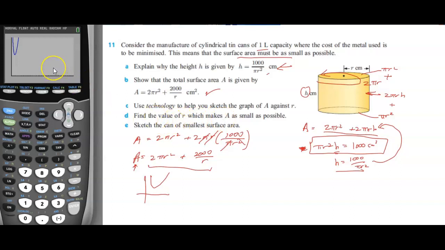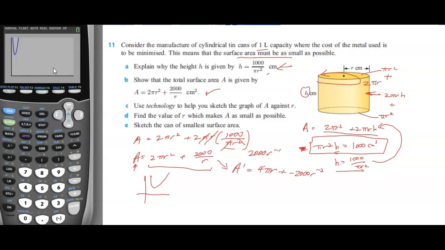We could do that with the derivative, right? So let's do that with the derivative. We're going to take the derivative, and we're going to set it equal to 0. So A dash is equal to 4 pi r plus, and we can rewrite 2,000 over r as 2,000 r to the negative 1. So the derivative would be negative 2,000 r to the negative 2.